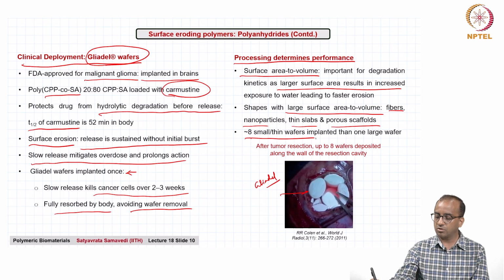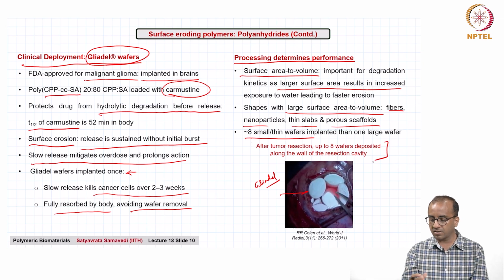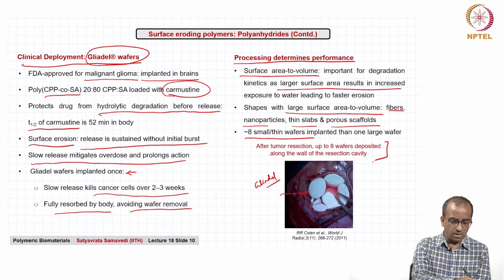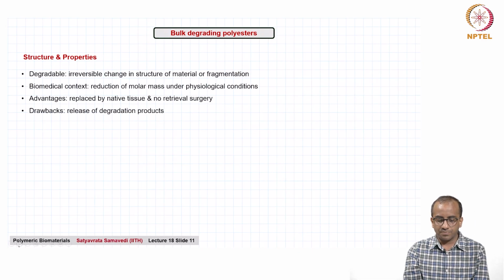So, that is what is said here: after tumor removal, up to 8 wafers are deposited along the wall of the resection cavity, and shown here is a picture of that. Next, we will move on to bulk degrading polyesters.